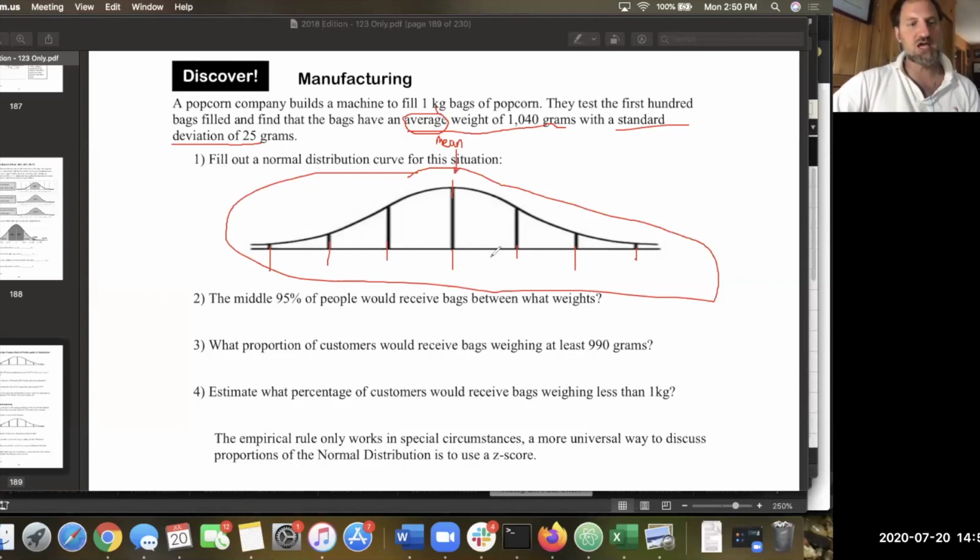From there, you count to the right and the left in 25-gram pieces. So you go plus 25, plus 25, plus 25, minus 25, minus 25, minus 25. Go ahead and do that. And then try answering question number 2. That's an application of the empirical rule. Give you a minute for that.